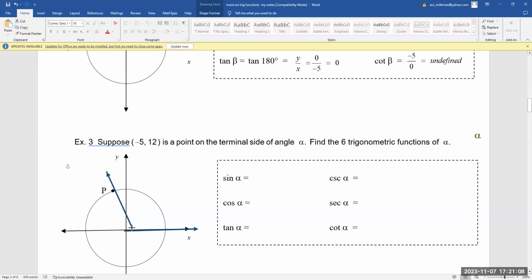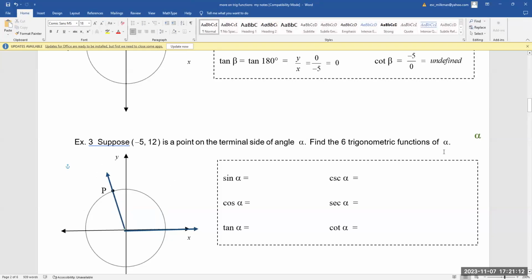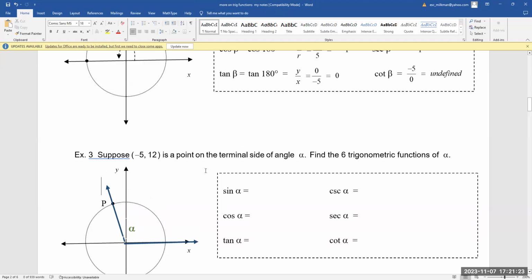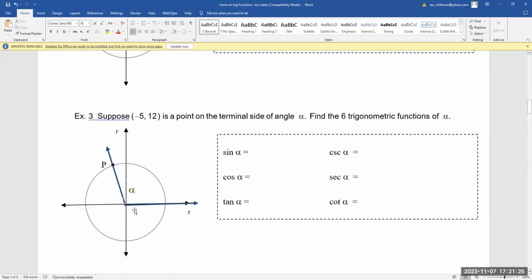One terminal ray move. There we go. And I need my angle alpha. And the rotation here, which I don't have drawn, we go from here all the way to there.